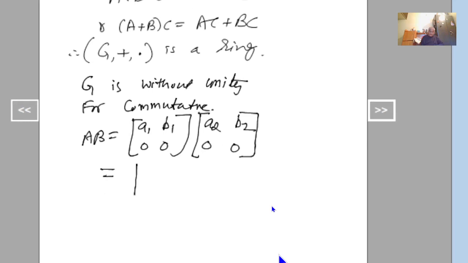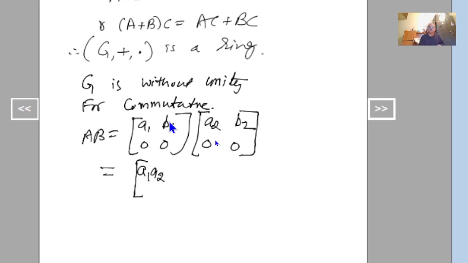If I multiply, the first element is A1 A2. Next, first row, second column is A1 B2. And the second row, first column is 0, and second row, second column is also equal to 0.